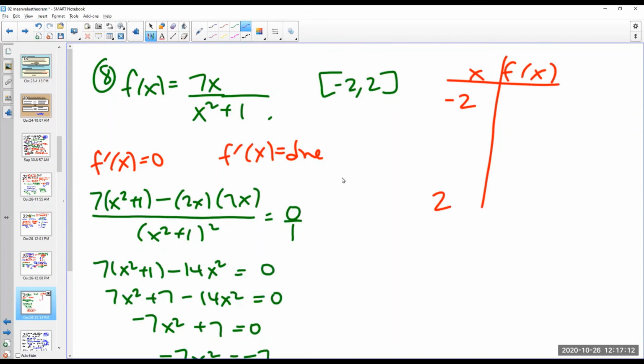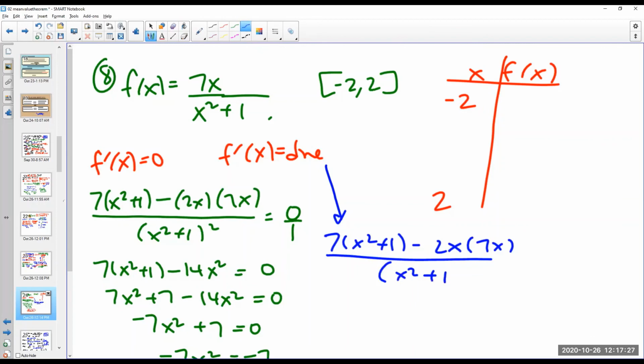All right, let's collect some more critical points. Over here on the DNE side, what we do is we set the derivative, which we already know, right here. So I'll rewrite it. That derivative, we want this to be DNE. But remember what I told you, when you want something to be DNE, it's a fraction, so what are you setting equal to 0?